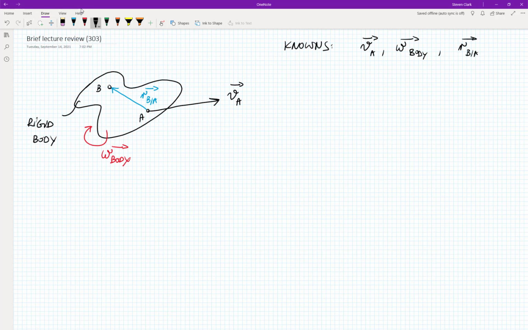And what we would like to find is this vector. I would like to find velocity B. This is not known. And in order to do it, we should just go for this equation.